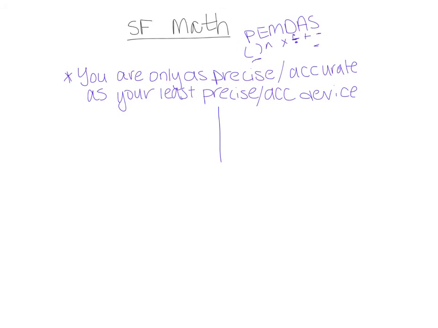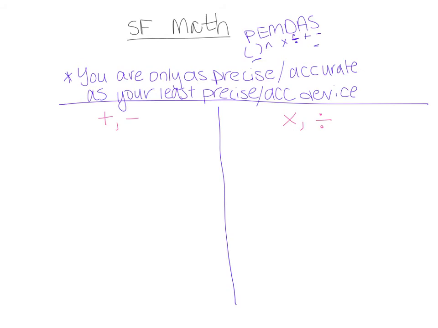Now we can split the page down the middle, and we're going to write stuff on both sides. Okay? All right. On the left-hand side, we are going to talk about addition and subtraction. Those two types have their own rules. On the right-hand side, you're going to write down multiplication and division. They have their own rules.